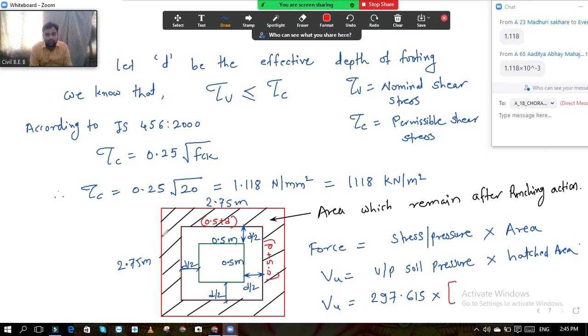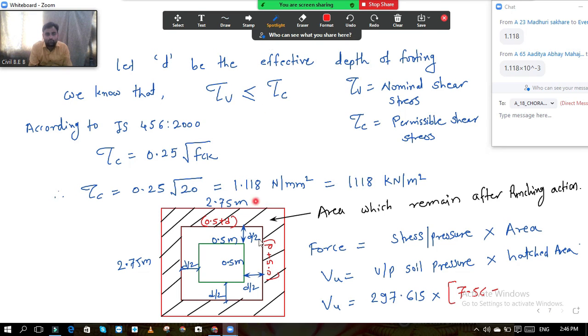From this total area, 2.75 by 2.75, that is 2.75 square. What is the total area of the footing? We know the value of the area of footing. It is 7 point something, no? 7.56 or something.